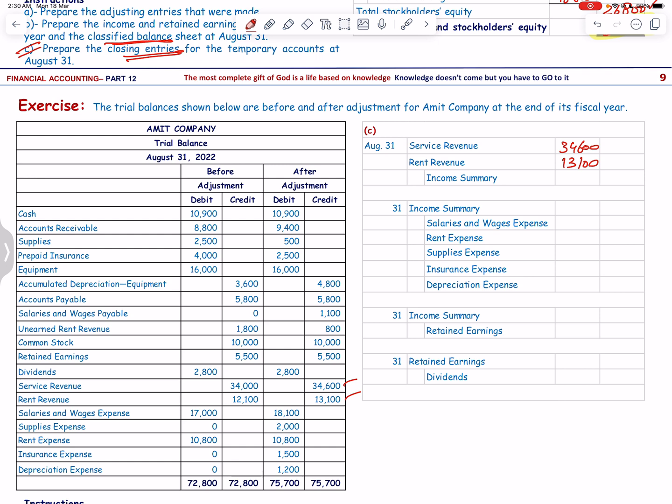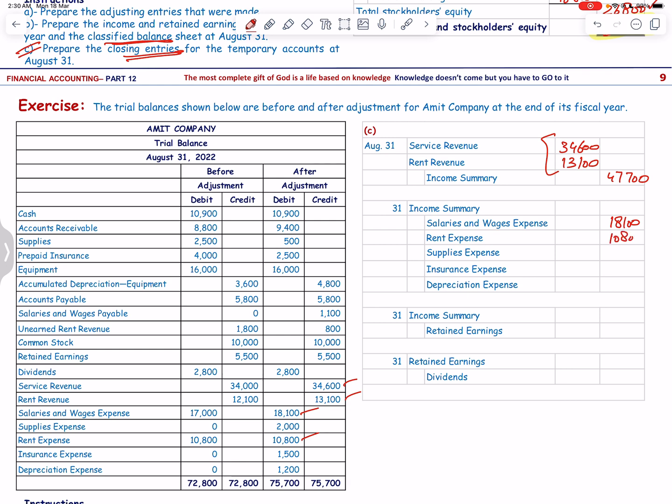Then we will be closing all the expenses. We have salaries and wages expense 18,100, and when we close salaries and wages, any expense, it has to be credited, that is 18,100 is credit. Then we have the rent expense of 10,800, this is also credit. Then we have supplies expense credit by 2,000.